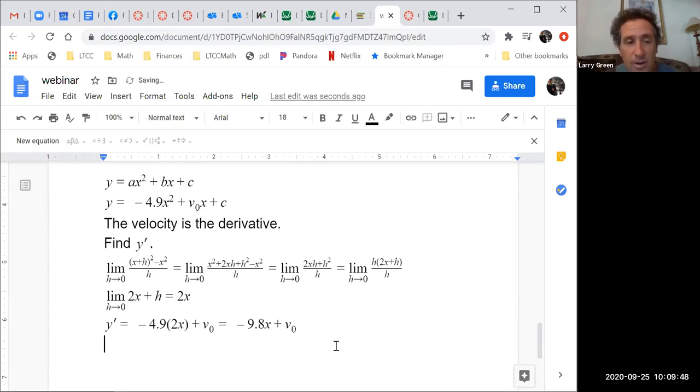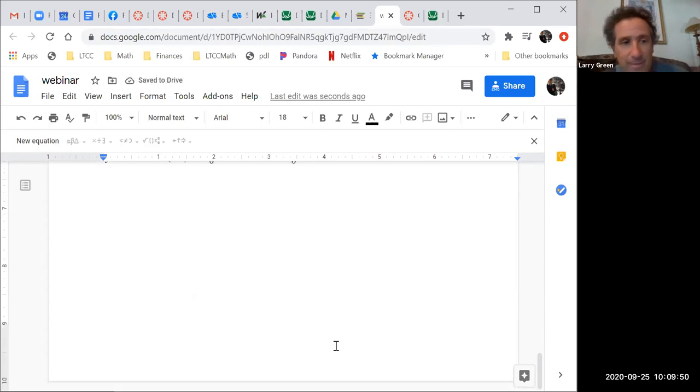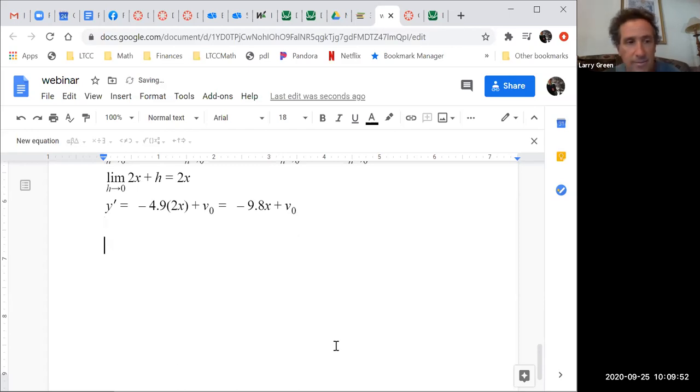Okay, let me do one more just for fun, since we've got about 5 minutes. I like to go about 10, 15. And that is find y prime, and I'll keep it general, if y equals the square root of x.